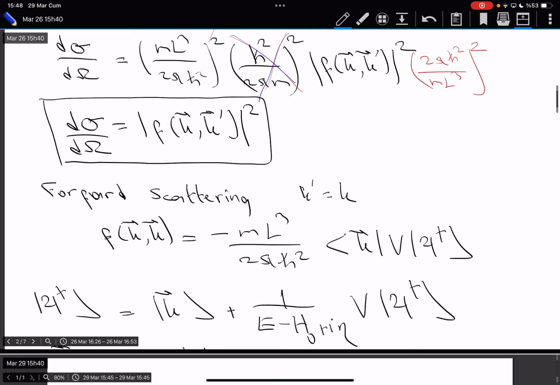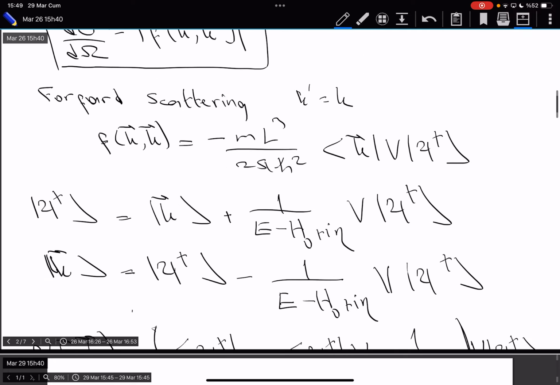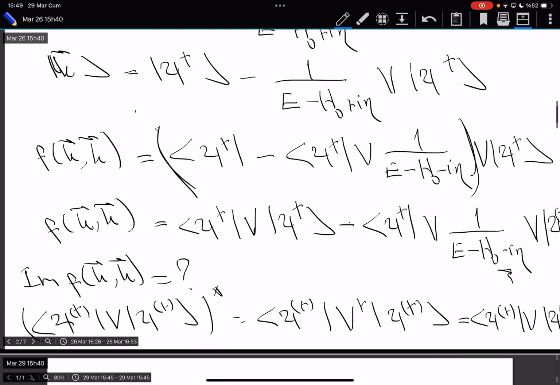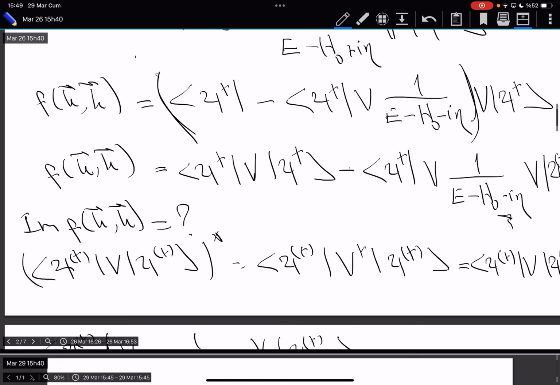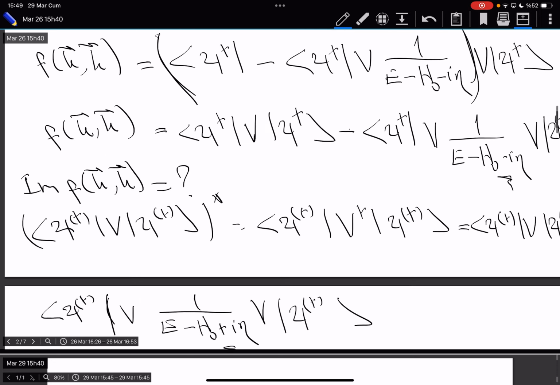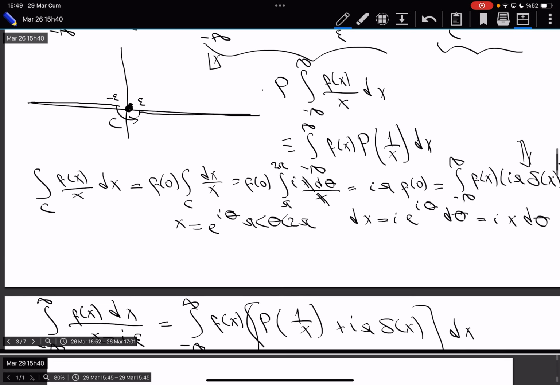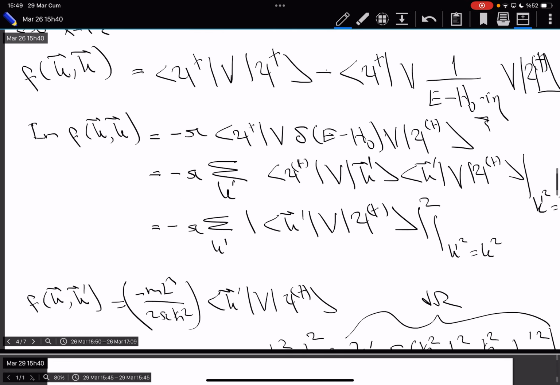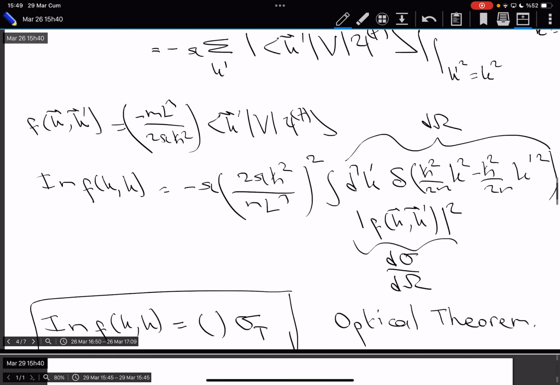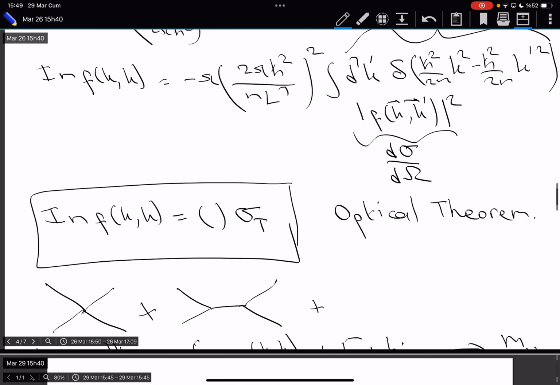So what happens if the particle, when it's scattered, interacts with the potential but continues in the same direction? We said that if we calculate that and take the imaginary part, it gave us the total cross-section up to a coefficient, which you can just look up in the book.